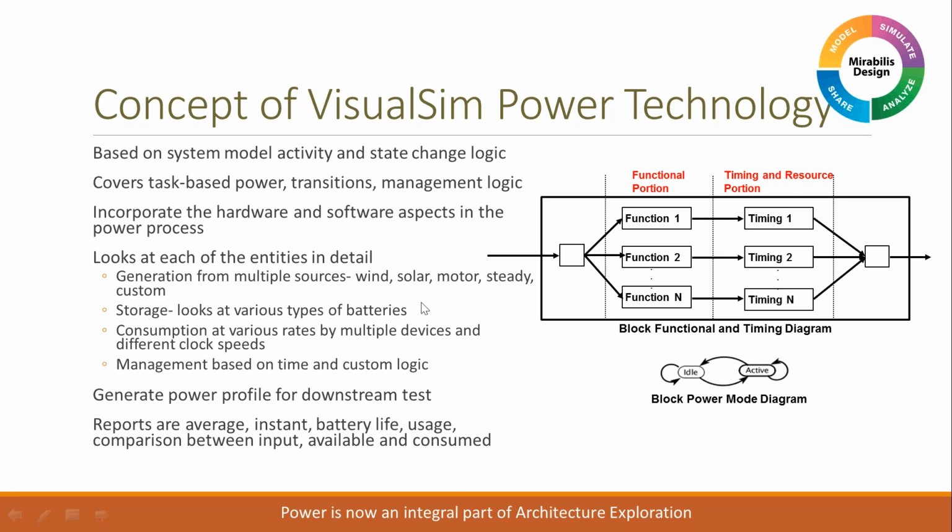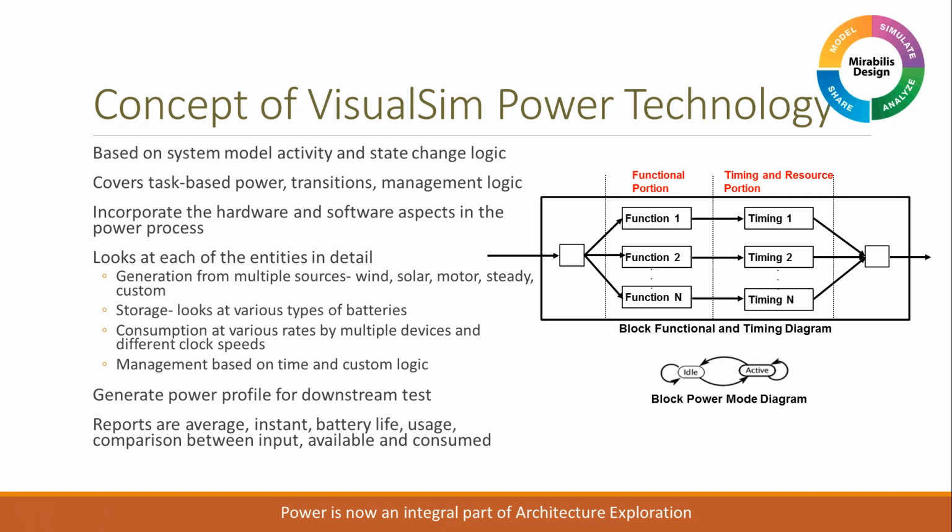So, this is the basic concept of a system model and the basic concept of the power modes. Now, how does VisualSim Power Technology help? First and foremost, it's based on the activity, which is what is happening over here, and the logic to go from one state to another state. Now, within a particular state, you do have the power that's consumed.